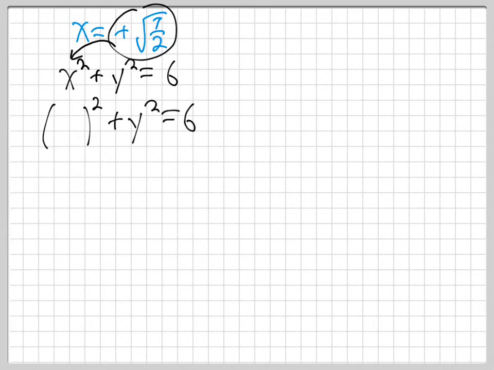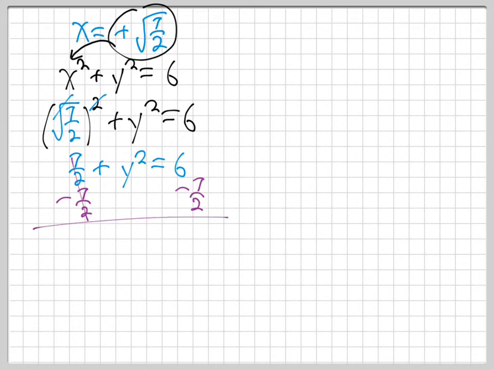So positive root 7 halves. The root cancels the square. And we get 7 halves plus y squared is 6. How do we get y alone? Subtract 7 halves from both sides. Boom. So y squared is 6 minus 7 halves.